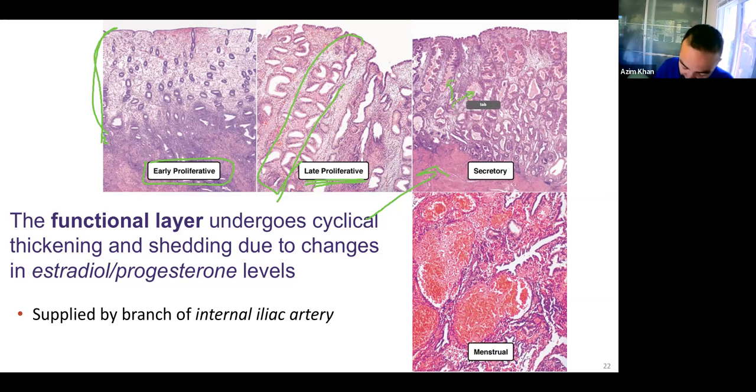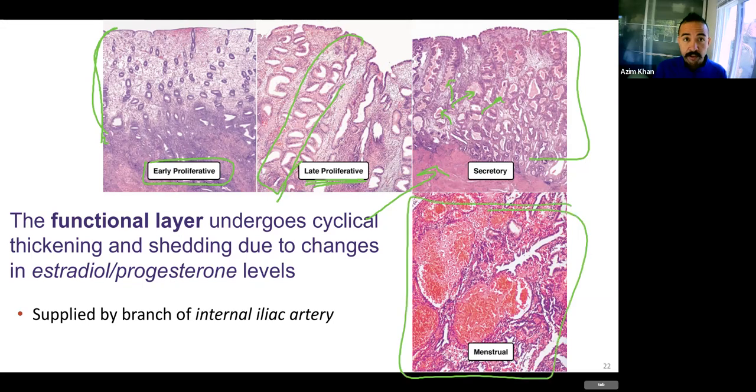Do you see the blood filling these spaces? This is peak fertility. If there is no pregnancy, then this functional layer will die off. And that's when you get the menstrual phase, when you get a period and when bleeding occurs. Most of that functional layer sheds off, and that is released out of the vagina.